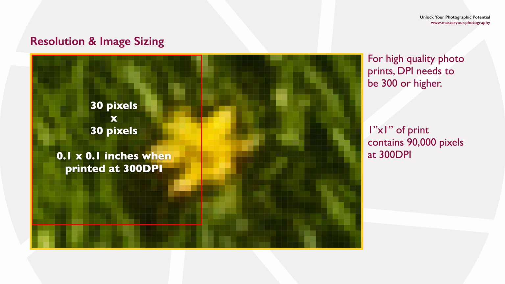So we've got 900 pixels in there, and that would make up a square measuring just 0.1 by 0.1 inches if we were printing at 300 dpi. A single square inch of print at 300 dpi contains 90,000 pixels. So you can see how 20 megapixels might sound like a lot, but when you start cramming 90,000 of them into a square inch, then you need quite a lot to maintain a high degree of quality.